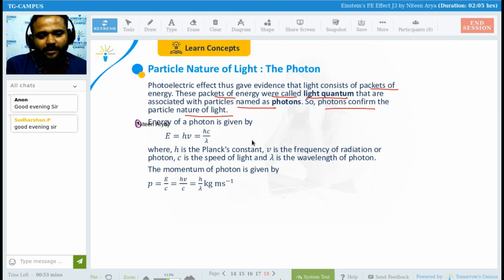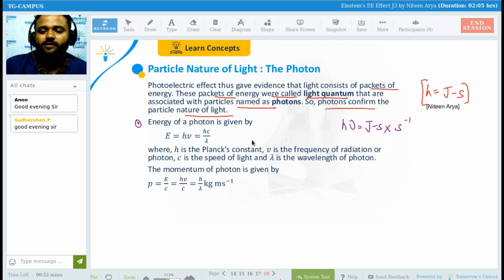Energy of a photon, we discussed this thing: E equals h nu equals hc by lambda. You can verify this with the help of dimensional analysis. Energy has the unit joule, and h, the Planck constant, has the unit joule into second.